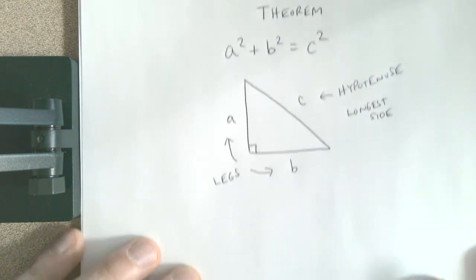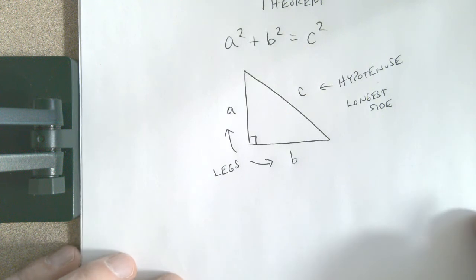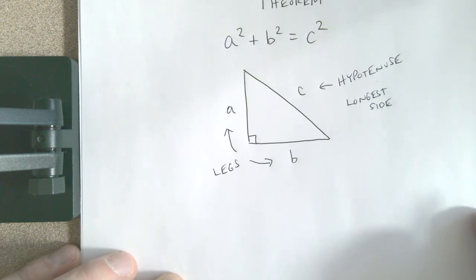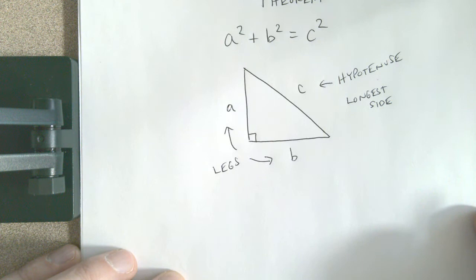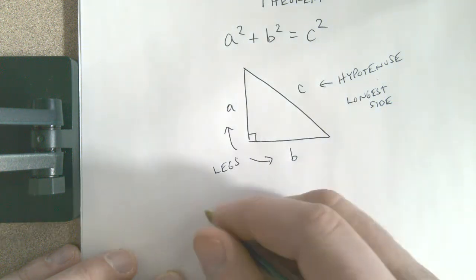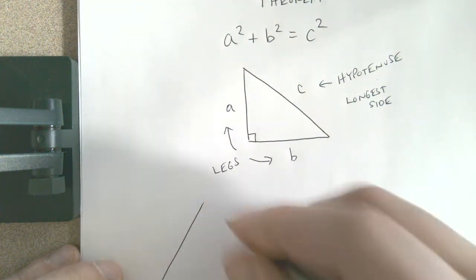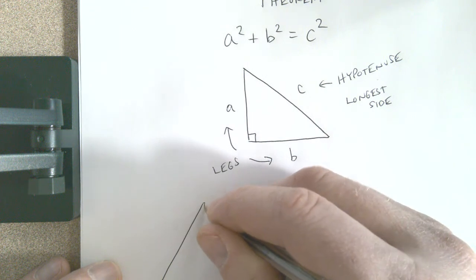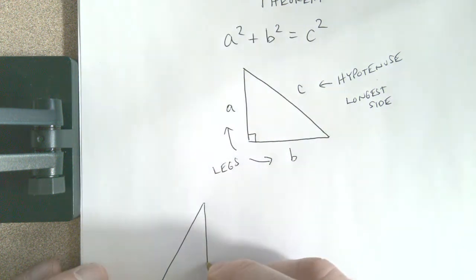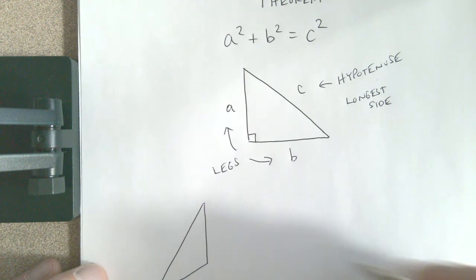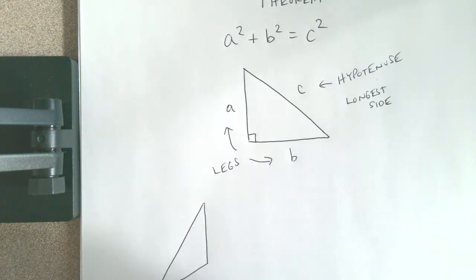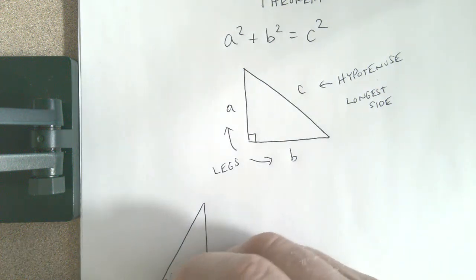Now, before we look at a few examples of the Pythagorean theorem, I just want to mention that as we're looking at triangles, it's important that you're able to identify the shortest and the longest sides within a triangle.